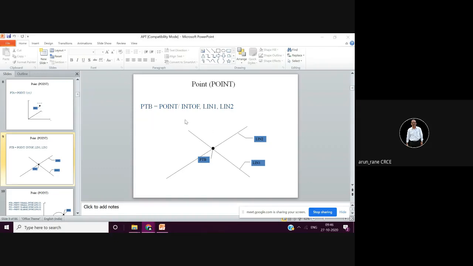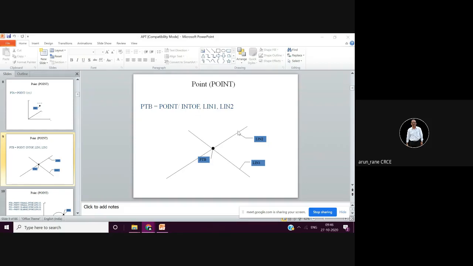Now here is the second way how we can describe point B. So this is a point B. Point B is a point such that, this line is an oblique, so you must use that oblique sign. So point B is equal to a point such that it is the intersection of line 1 and line 2. But remember, before you use this syntax, you need to define line 1 and line 2 in your geometry statements.